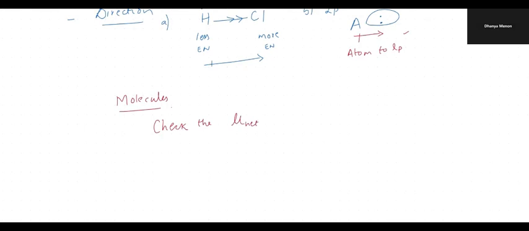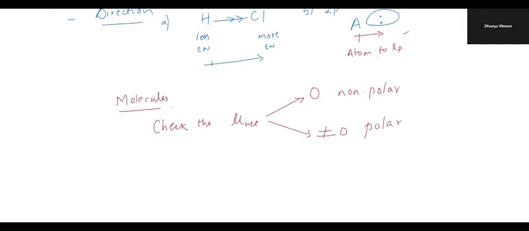If the net dipole moment is 0, the molecule, or the compound, is non-polar. If it is not equal to 0, then it is polar. Okay.